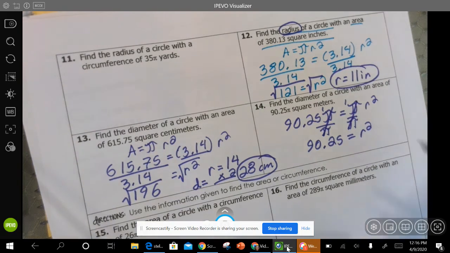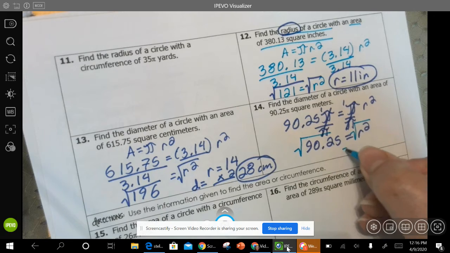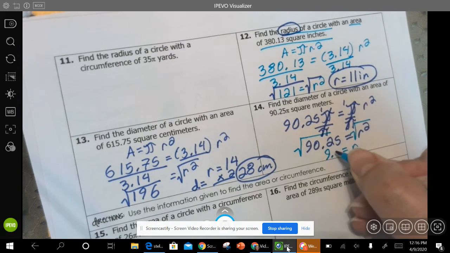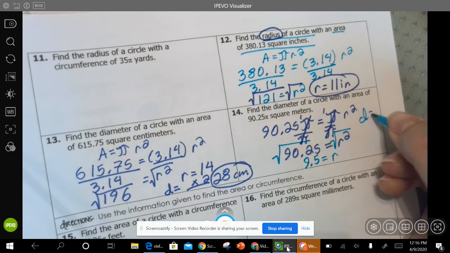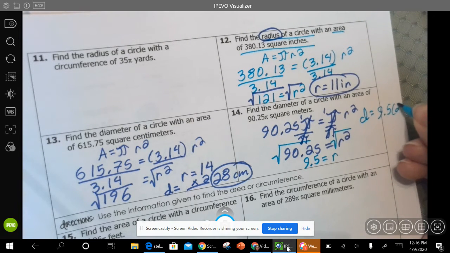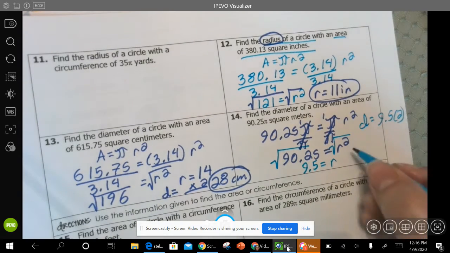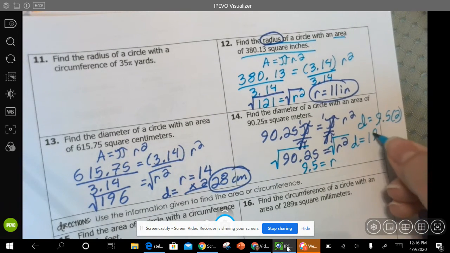I'm going to take the square root. So I get a radius equal to 9.5. For the diameter, that's going to be 9.5 times 2, so we have to double it. That's going to be 19 meters.